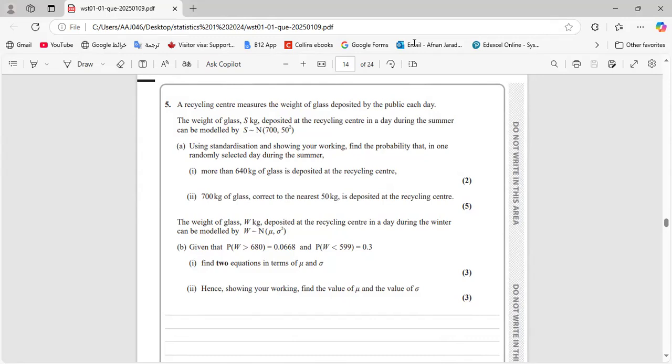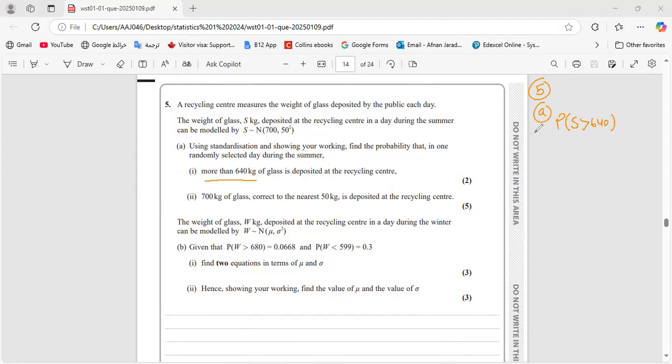Using standardization and showing your working, find the probability that in one randomly selected day during the summer, more than 640 kilograms of glass is deposited at the recycling center. So question 5A: what is the probability that S is greater than 640?